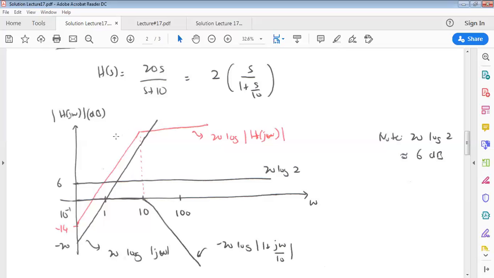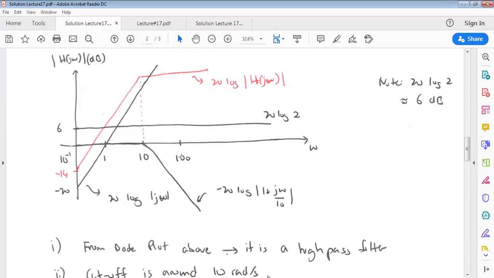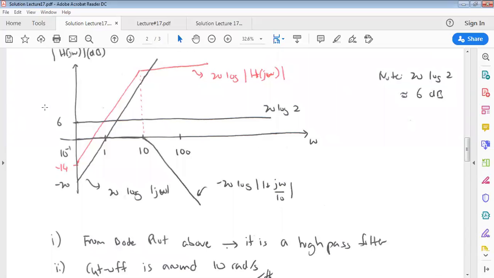So we have a stop band region and a pass band region. This will be a high pass filter, and the cutoff frequency we estimate to be around 10 radians per second. That is your cutoff frequency, because this is the frequency which separates the stop band and the pass band.